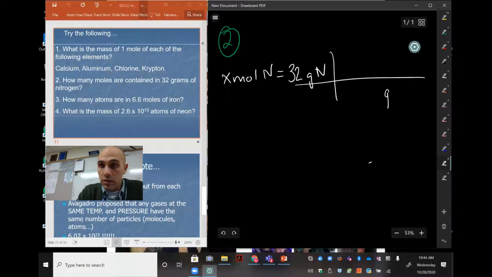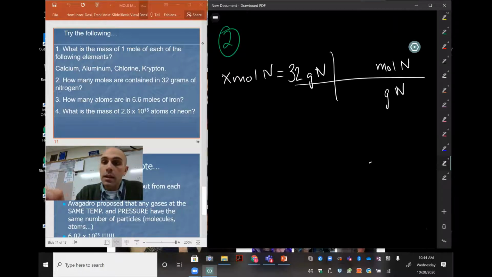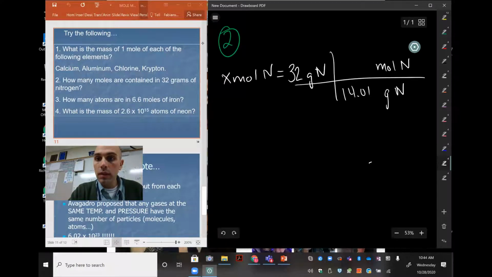Grams of nitrogen, and we want to go to moles of nitrogen. Looking at our periodic table, because the periodic table is where we get the relationship between grams and moles, we find nitrogen, and we see that 14.01 grams of nitrogen is 1 mole.